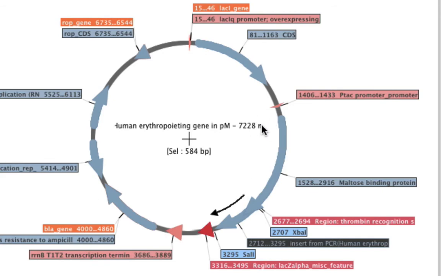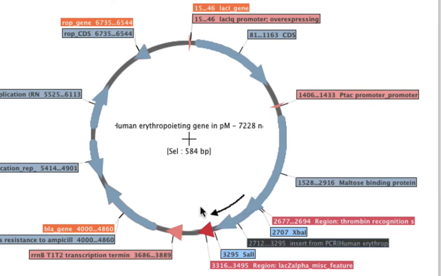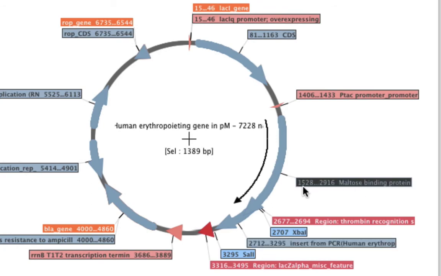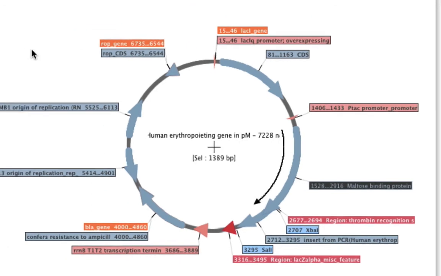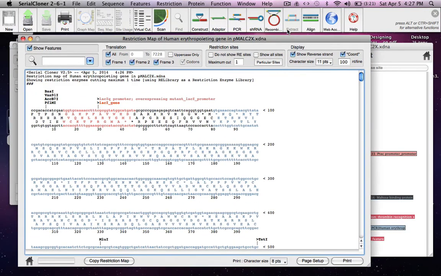So that when you create the mRNA driven by the PTAG promoter, you have the entire mRNA coding for maltose binding protein, then the thrombin recognition sequence, then your insert from PCR, that is the erythropoietin gene. So let's analyze maltose binding protein, which starts from 1528 nucleotides, and see how it translates in all 3 reading frames.